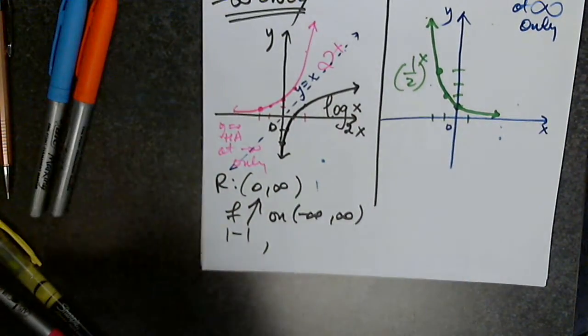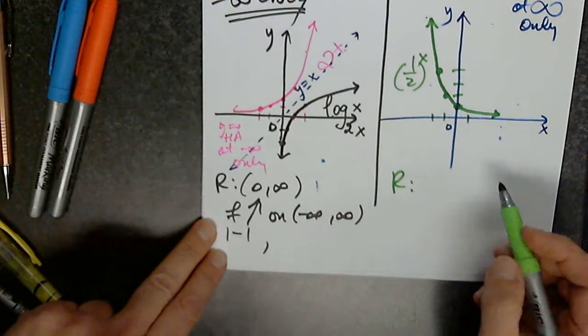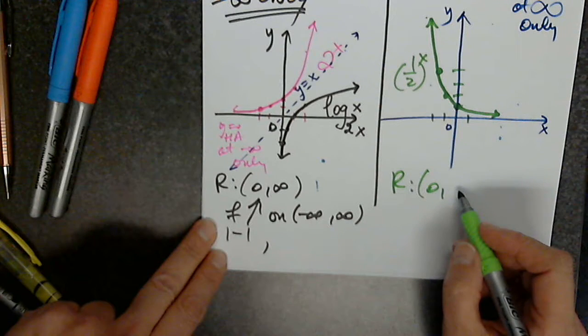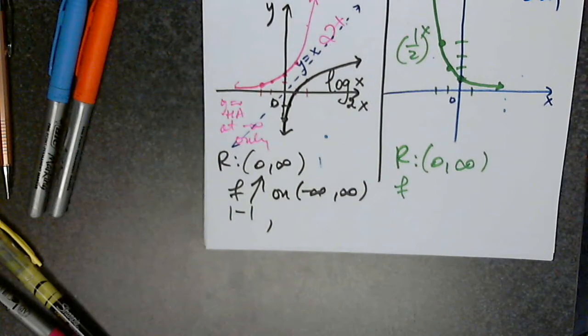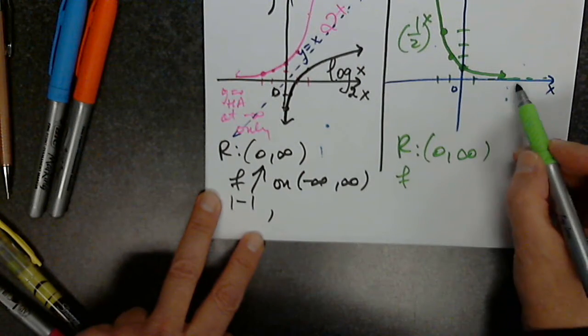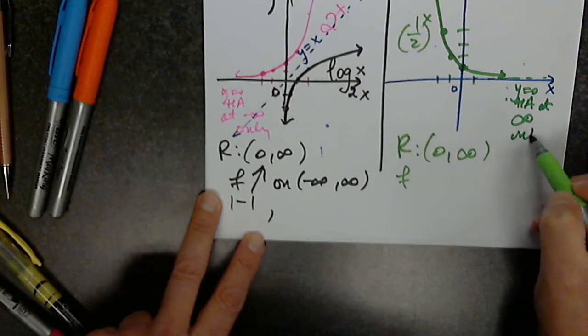What is the range of this function? 0 to negative. 0 to? Good. And is this function increasing or decreasing on all its domain? So I forgot to mention here, y equals 0, HA at infinity only.